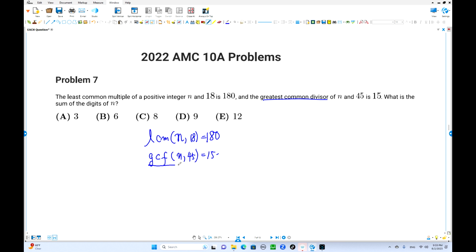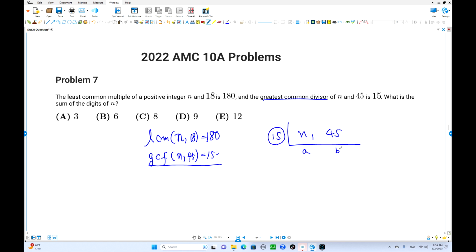So take a look at the GCF first. When you have two numbers n and 45 and the GCF is 15, they're going to have some two numbers, but these two numbers are relatively prime, no common factor. That's why this is the greatest common factor.